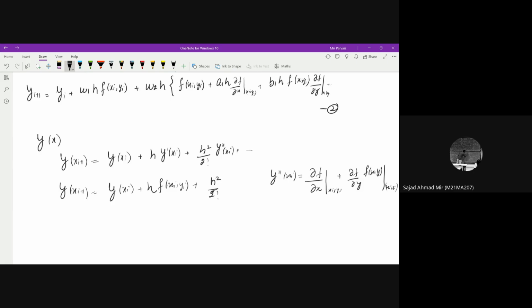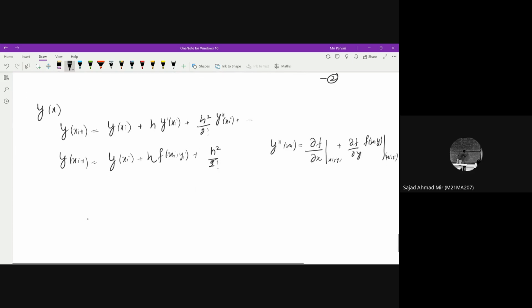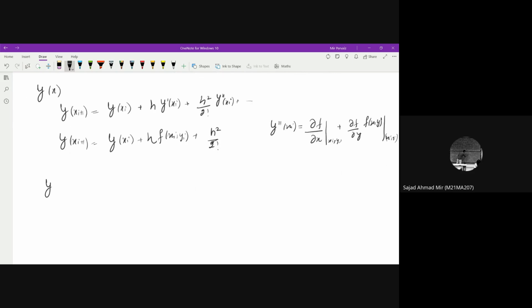I am using the chain rule here. This is what you will get using the second derivative.